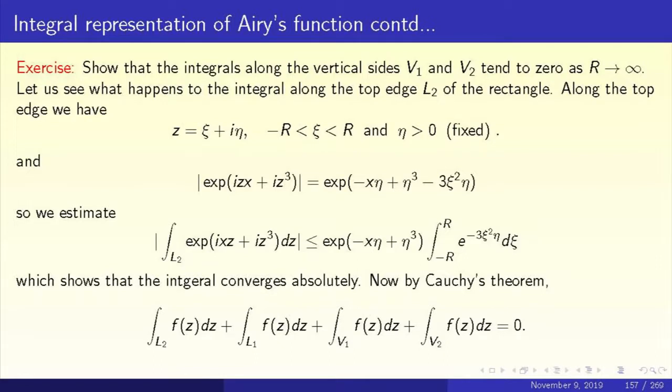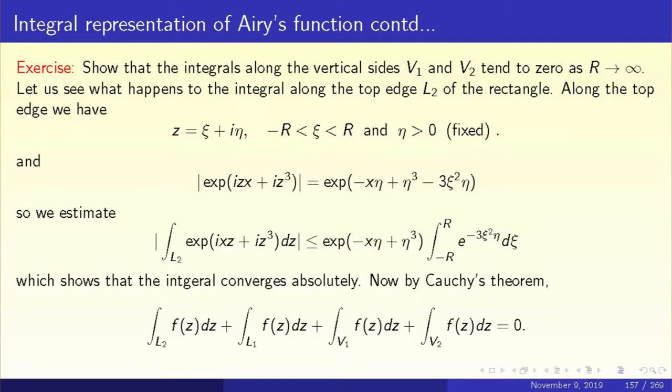So we see that the mod of the exponential is exponential of minus x eta plus eta cube minus 3 chi squared eta. We are in a very comfortable situation because we have an exponential of minus 3 chi squared eta, and chi is going off to infinity, eta is fixed. So we can perfectly go ahead and estimate the integral.